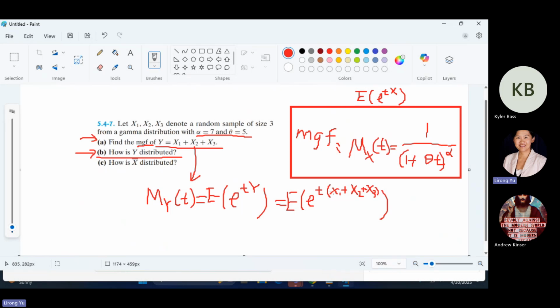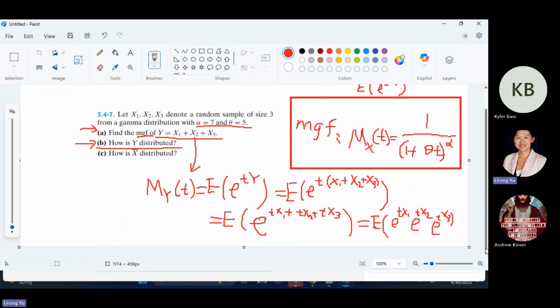You distribute the t, and we have the expectation of e to the (tx1 plus tx2 plus tx3). But a summation in the exponent for the exponential function is essentially multiplication. So it's e to the tx1, e to the tx2, and then e to the tx3.